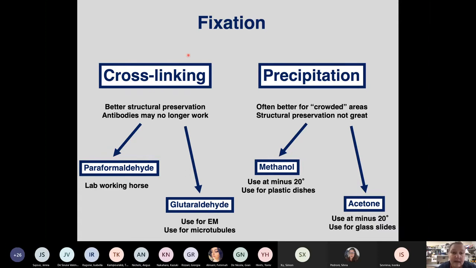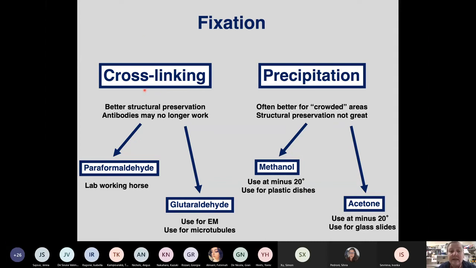And you have two choices in how you want to fix your sample. You can cross-link your sample. For this, you will be using formaldehydes. So paraformaldehyde, which is a sort of general lab working horse. Don't use formalin because it contains methanol. Or if you want to use electron microscopy, or look at microtubules, you will have to use a stronger fixative like glutaraldehyde.